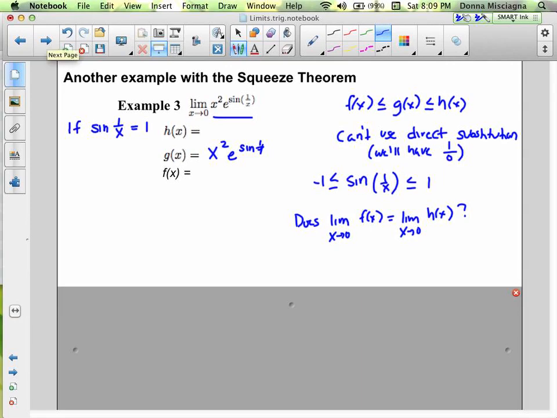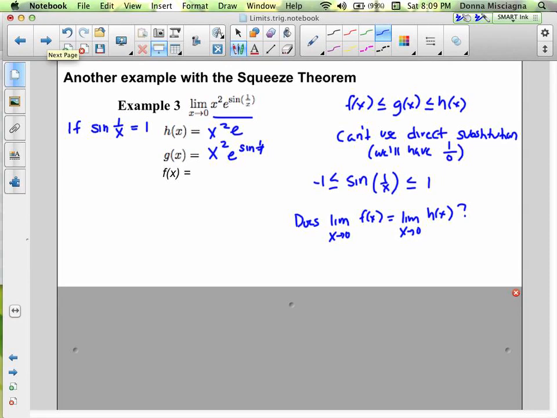So if sine of 1 over x is 1, we have x squared times e raised to the first power. That's the most that sine could ever be.